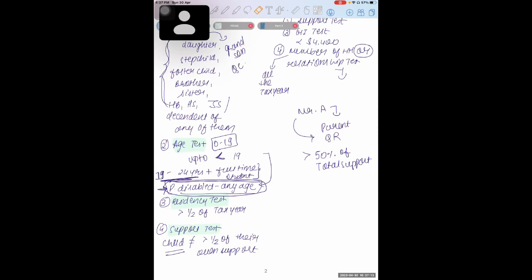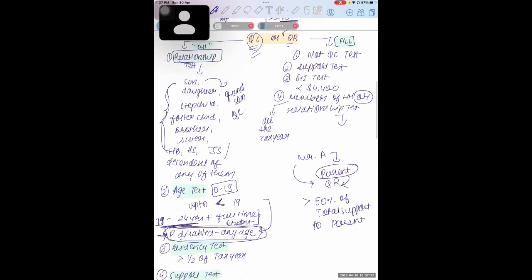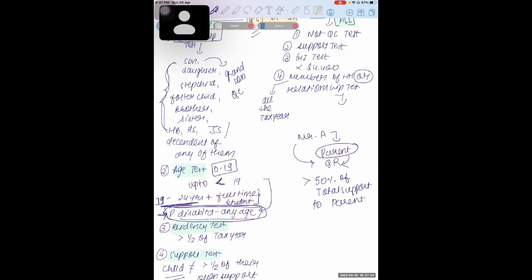But here Mr. A should provide more than 50% of total support to the parent, so that he can claim the parent as a qualifying relative. So the support test means more than 50% of the expenses incurred for the parents should be paid by the taxpayer.